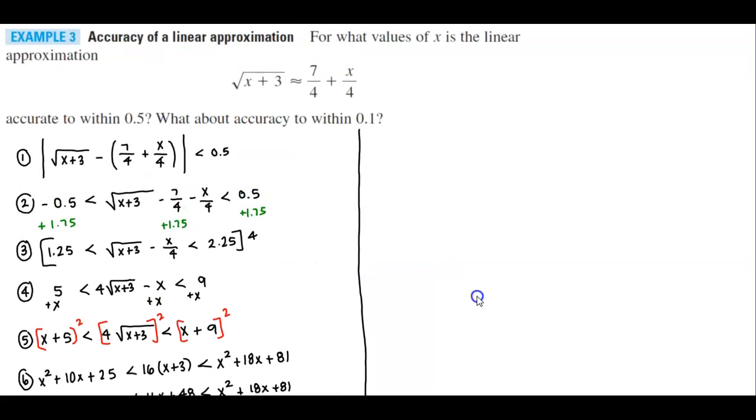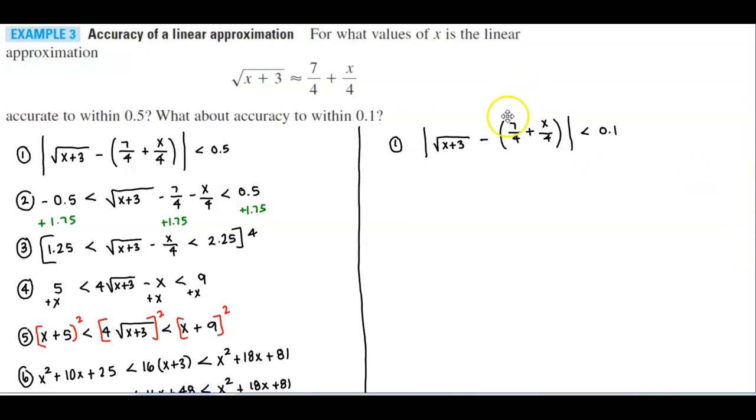Okay, so just like we did in the previous step, we want to look at the function, the absolute value of the square root of x plus 3 minus 7/4 plus x over 4, and we want to make that less than 0.1.